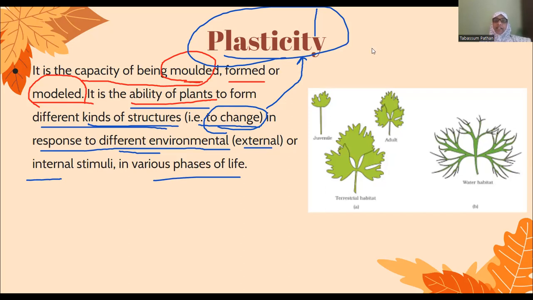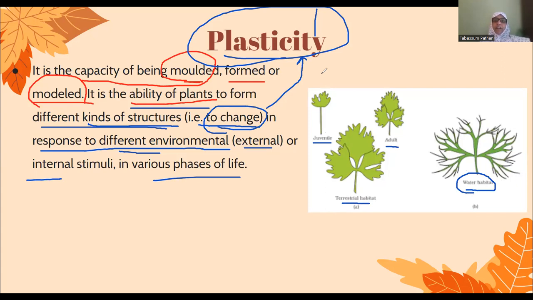As you see in the picture over here, you can see the different shapes of the leaf. This is one of the examples: juvenile, adult, terrestrial habit, and then when it actually goes into a water habitat. So you see the different shapes and sizes of the leaf.